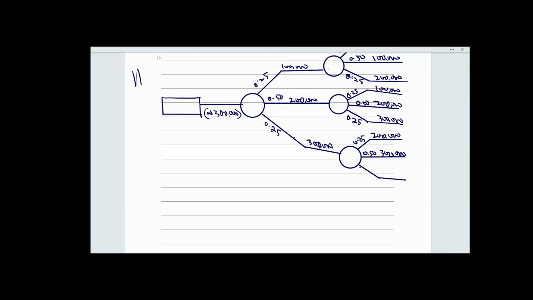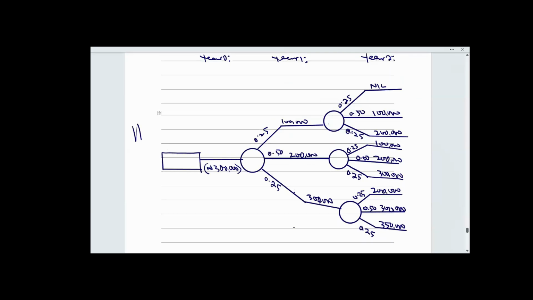If cash flow in year one is 300,000, there is a probability of 0.25 that cash flow in year two will be 350,000. Let me redraw this one. $350,000. So we've also represented year two cash flow. At this point, we need to close our diagram with a chance node.